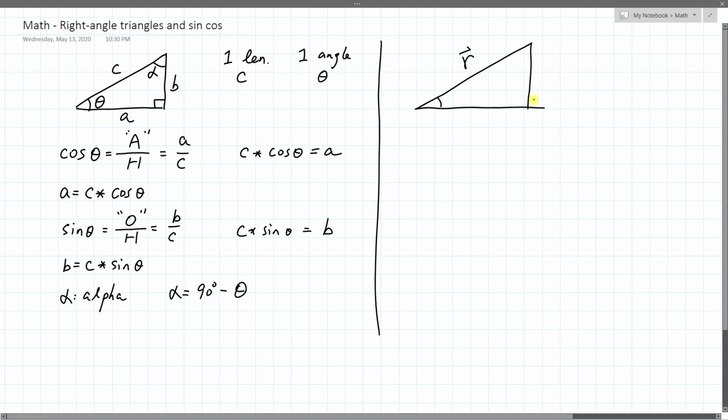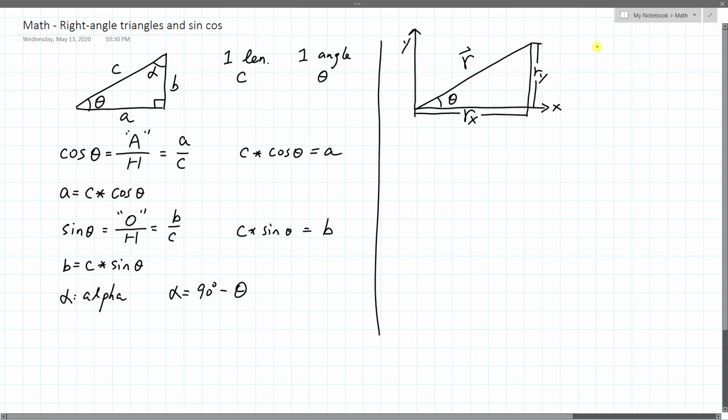Okay, so if we call this an x-axis, and we call this a y-axis, this amount can be called Rx, because that's how long the R stretches in the x direction, and this amount can be called Ry, that's how long R stretches in this dimension, and this angle we'll still call theta.